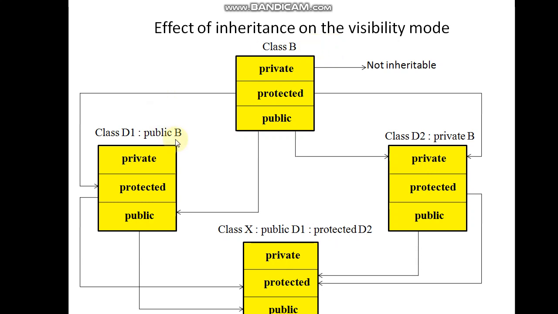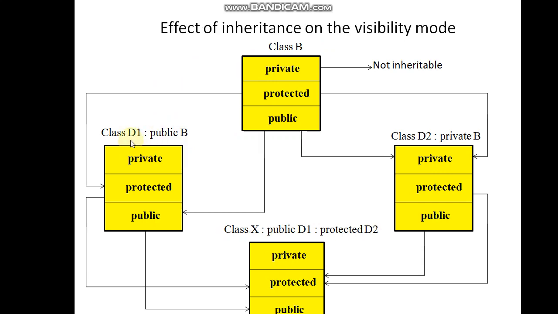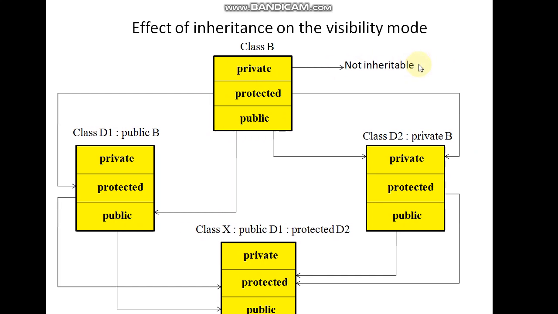If we want to inherit properties publicly into D1, private members are never inherited. Protected members of the class B are private to B, but they are inherited by the derived class.